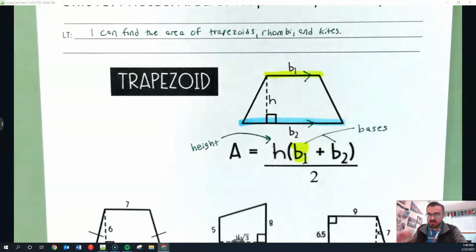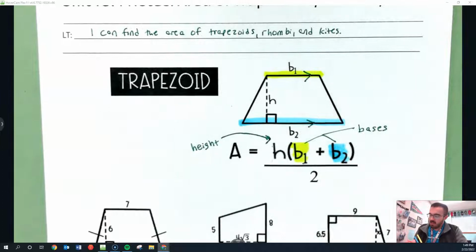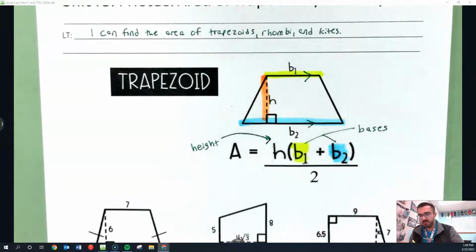They don't touch, right? They go the same direction, and they never touch. I could highlight B2. So those would be what you'd plug in there. And then the height is always at a right angle with the bases. It goes up and down. All right, that's about it.